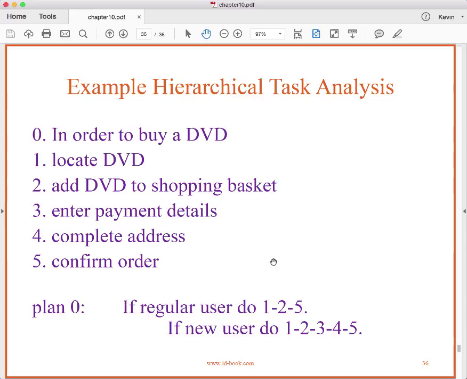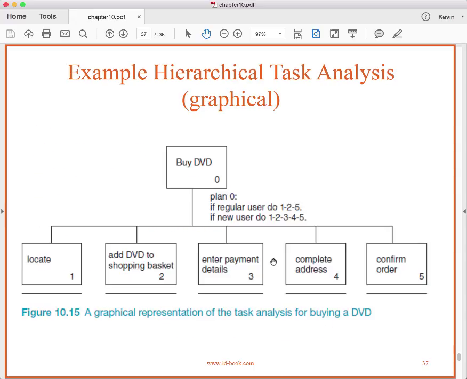I just want to point out that might not be the only reason why you need to enter the payment details or the address. I mean, you could be a user who's not a new user who wants to charge it to a different card and send it as a gift. So perhaps the new user, regular user distinction is not as accurate a way to describe the requirement as we could have used.